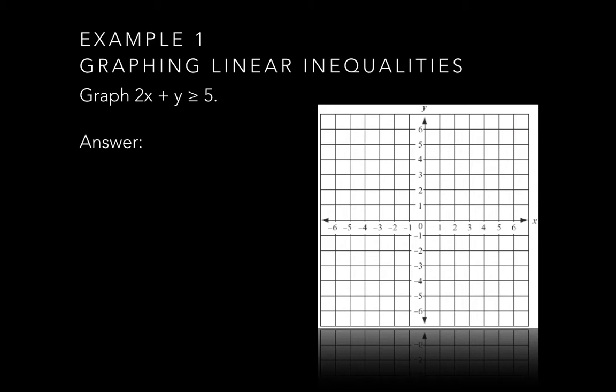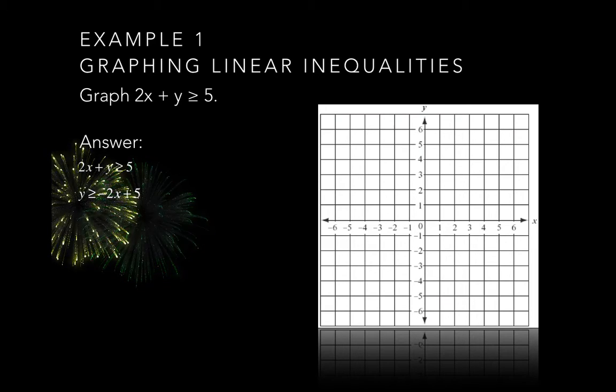All right, so now here's another one that we're going to work through. First step again is to figure out, well, to get your y by itself, to put it in that slope-intercept form so that you can graph.